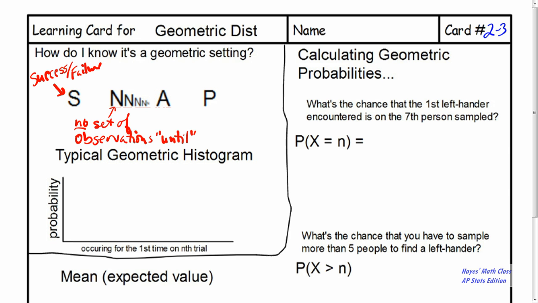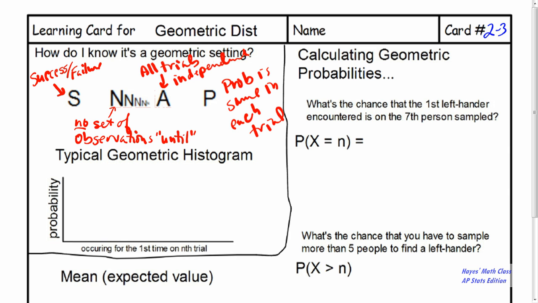A stands for all trials independent, just like before. And P is, again, probability, and it's the same in each trial. So same basic idea. It's just working a little differently.